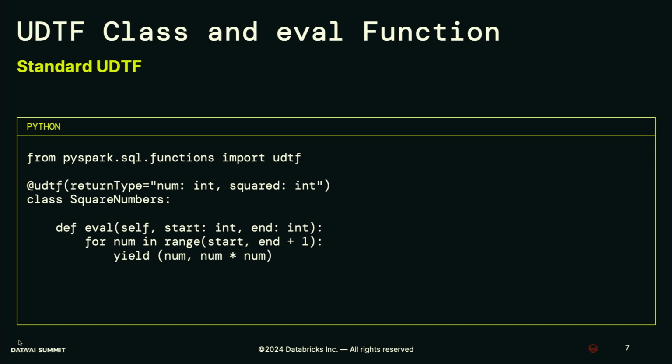Class SquareNumbers, decorate it with the UDTF decorator, and specifically specify the return type that describes the schema of the output. Inside this class, we implement the eval function, which processes the input range and yields the output.